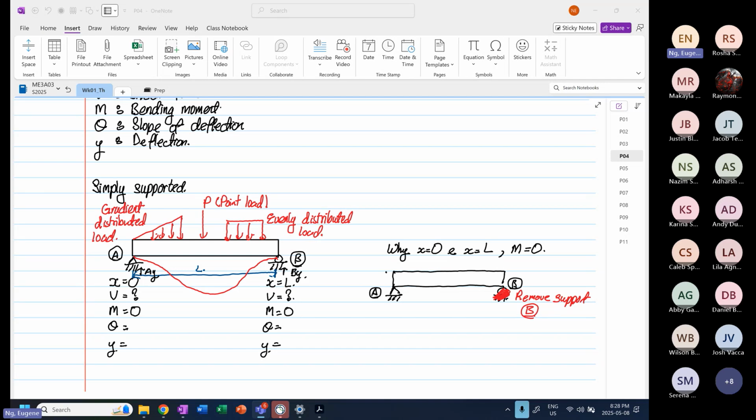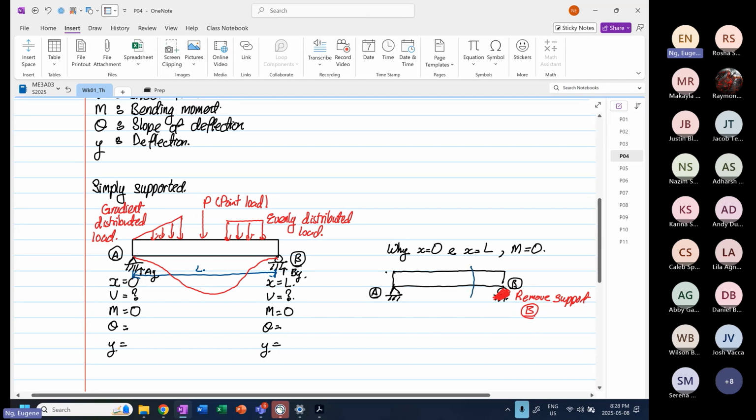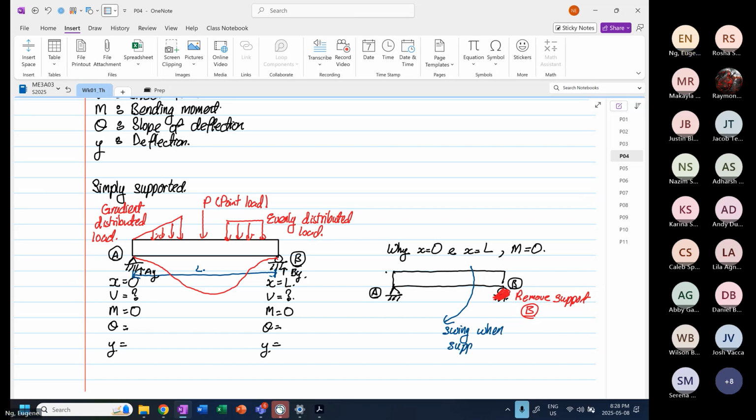The entire structure will swing downwards when the support at point B is removed.